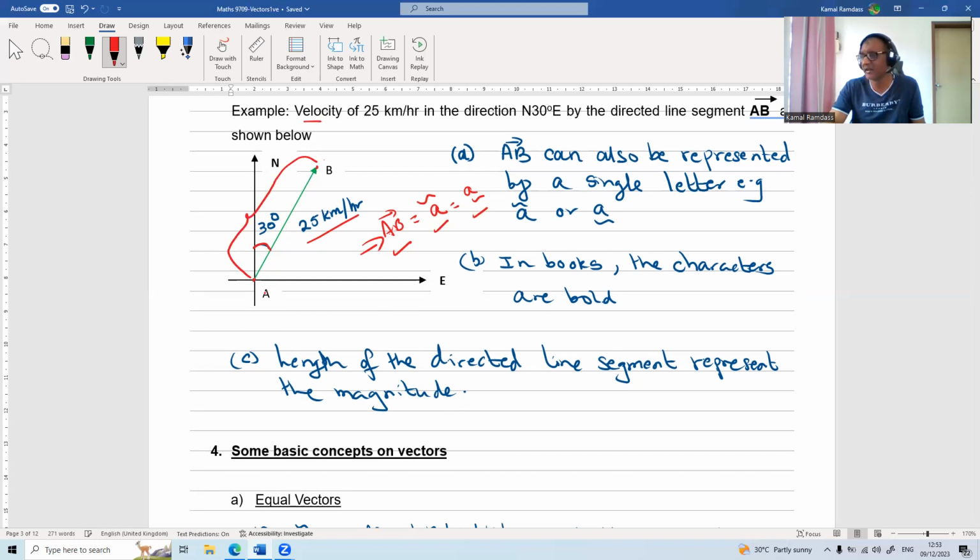Sa length là représente la magnitude. Et la magnitude peut être représentée comme ça, vecteur AB, deux bords, nous servons de modulus sign. Modulus function. Okay.